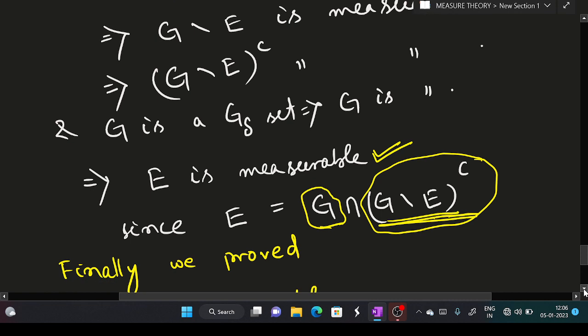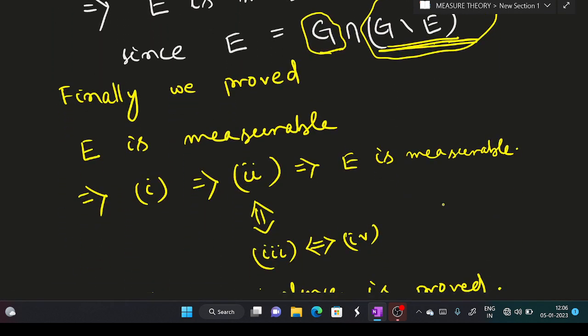Finally, what are the things we have proved? E measurable implies first condition implies second condition, and second condition implies E is measurable. Second condition implies and is implied by third condition implies and is implied by fourth condition.